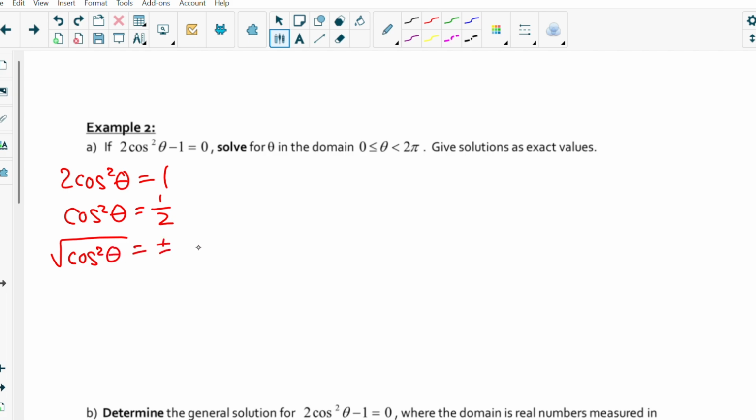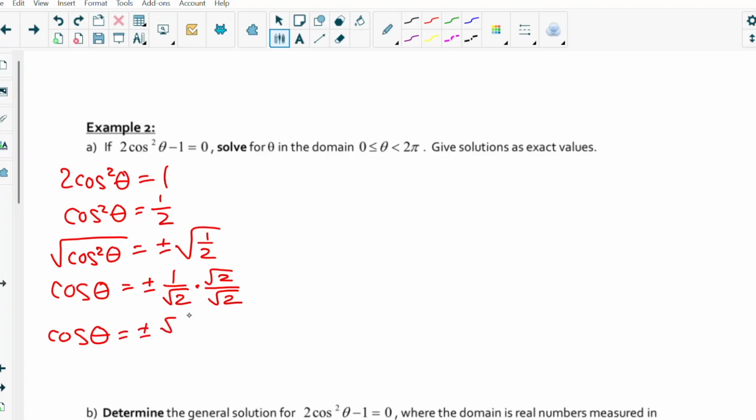Then I take the square root of both sides, and I get cosine of theta equals plus or minus 1 over square root of 2. If I rationalize this, plus or minus square root of 2 over 2.